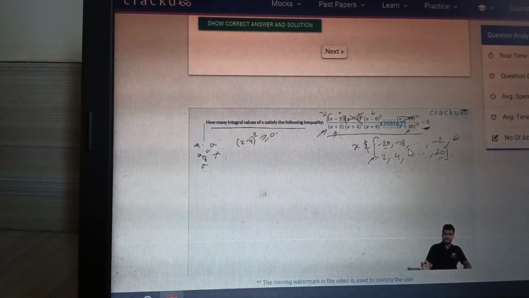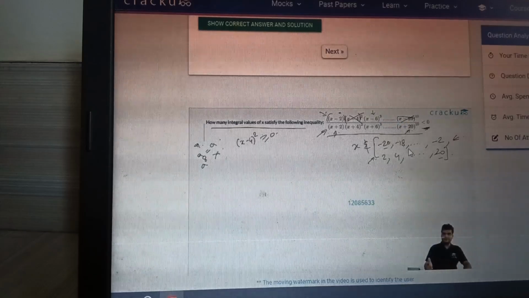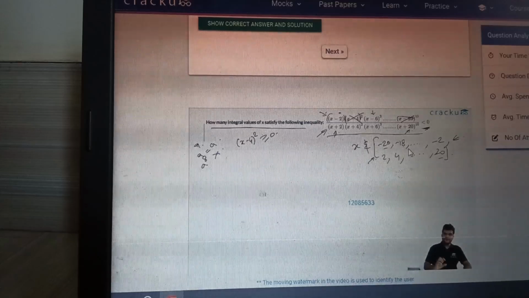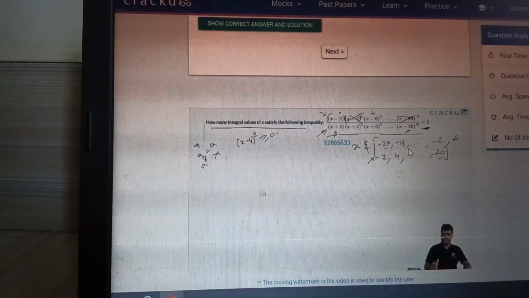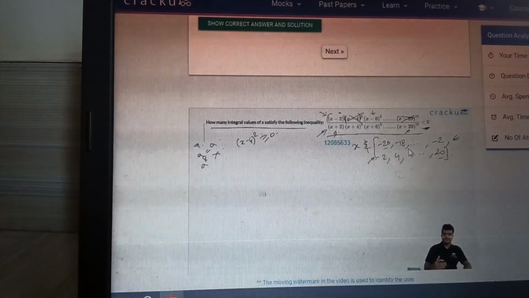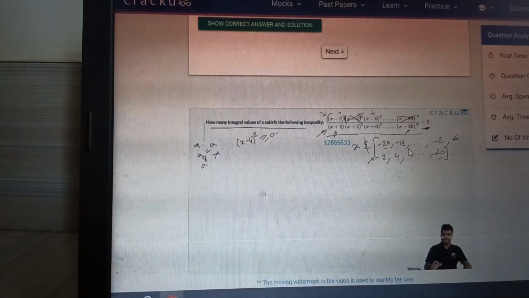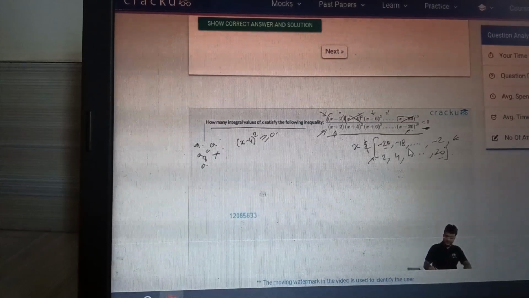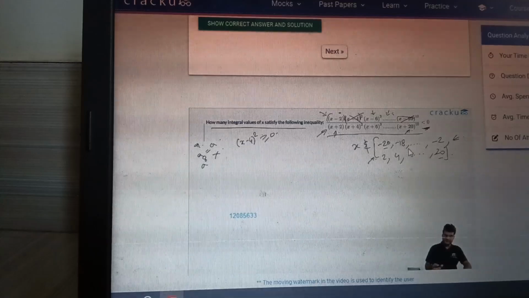All the terms which are raised to an odd power, we are reducing to the smallest possible, that is to the power 1, and all the terms which are raised to an even power, we are completely ignoring. That is the strategy we are using to reduce the given inequality.